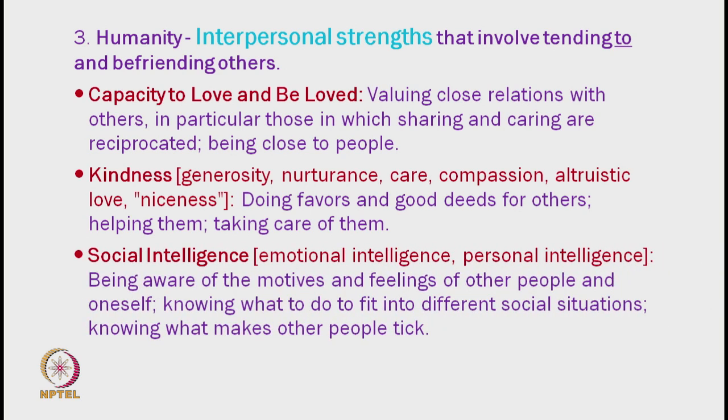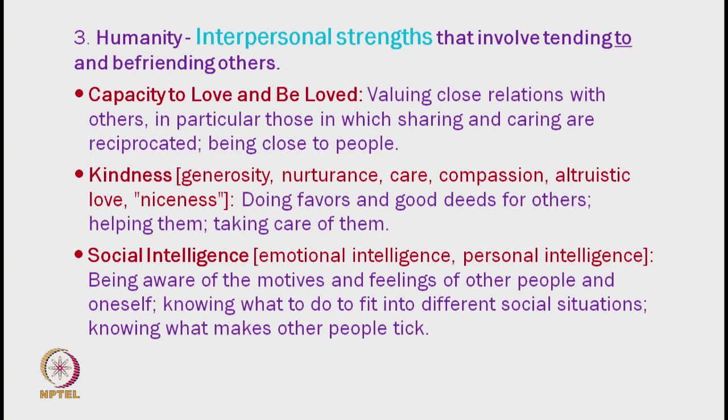The third character strength of this virtue is social intelligence, which is again very important, in which we are counting emotional intelligence as well as personal intelligence. Being aware of the motives and feelings of other people and oneself, knowing what to do to fit into different social situations, knowing what makes other people tick.